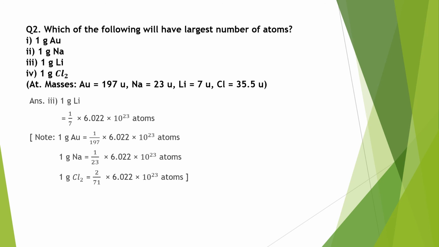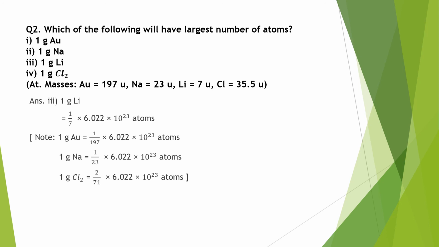Because for calculating the number of atoms, we have to use the formula given mass by molar mass. Given mass is 1 and molar mass is 7 for lithium. Similarly, given mass for gold is 1 and molar mass is 197, and likewise for the others.